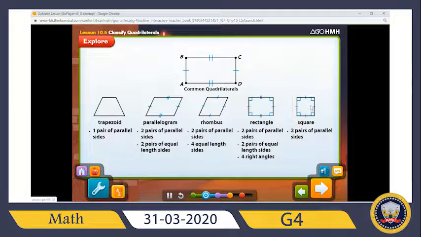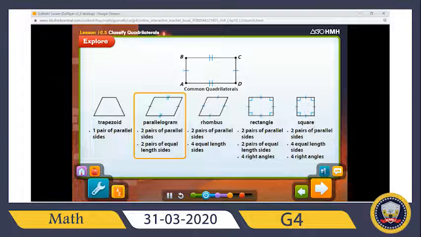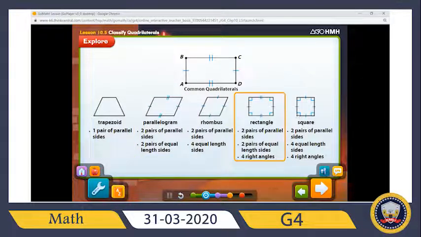What about square? Square and rectangle look similar, but there is a difference here. There are two pairs of parallel sides and 4 equal length sides. 4 of them are equal to each other. And this time I can see 4 right angles also.